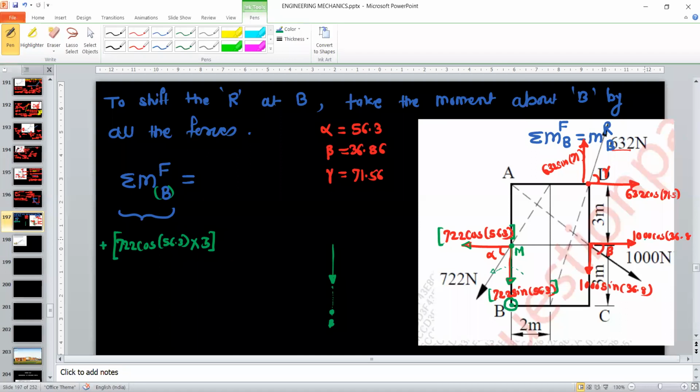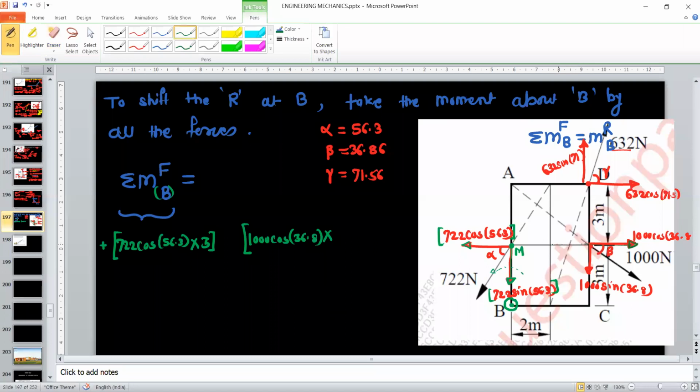Okay, so consider the next force, which is 1000 cos 36.8. So 1000 cos 36.8 is the force value into its perpendicular distance. So what is the perpendicular distance for this component?